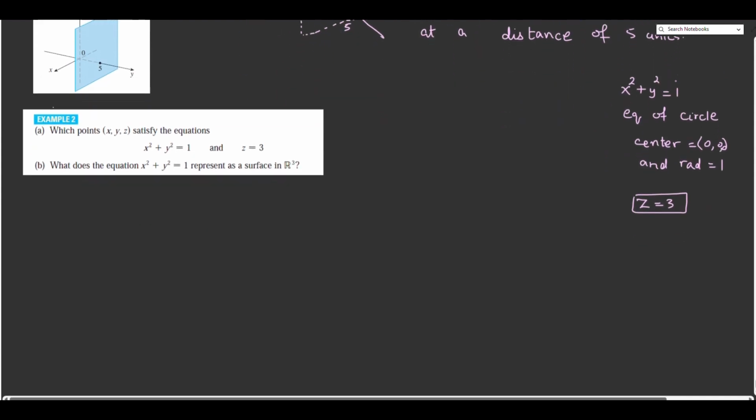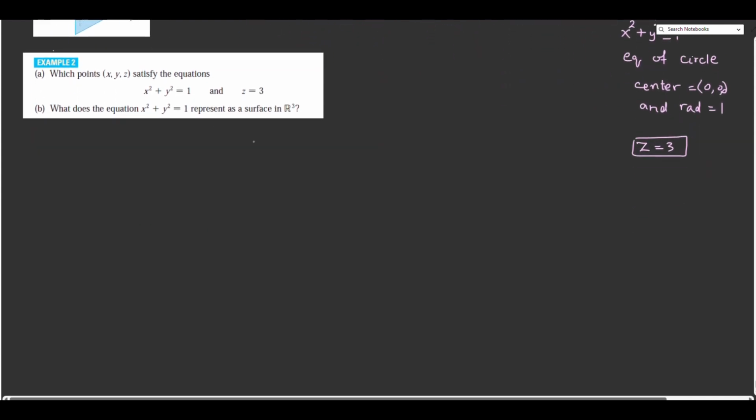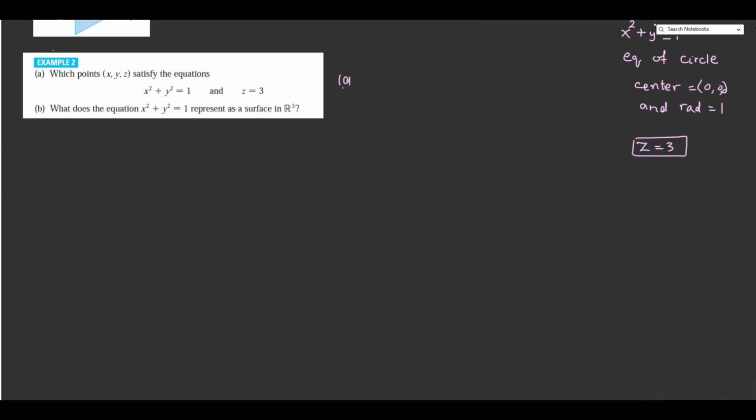So what do these two things represent? When we consider these two equations together, that is x square plus y square equals 1 and z equals 3, how can you interpret them?